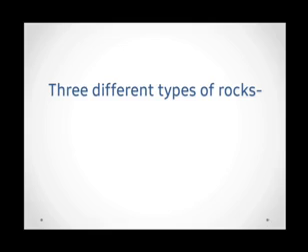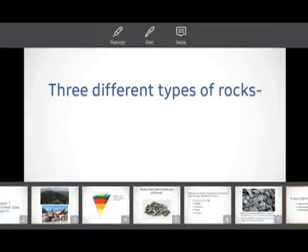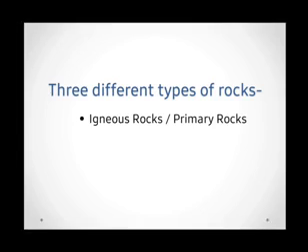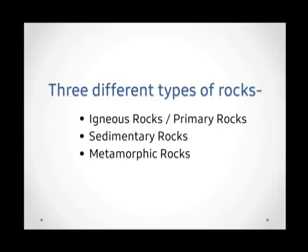So, the three different types of rocks are: first, igneous rock, which is also called primary rocks. Next is sedimentary rocks. Third is metamorphic rocks. These are the three different types of rocks.